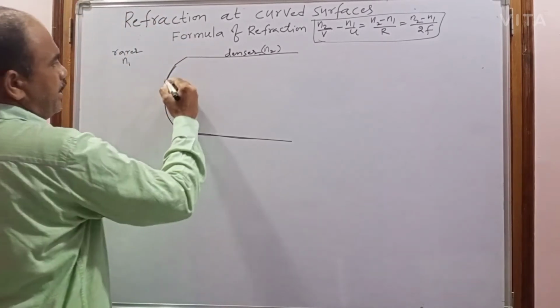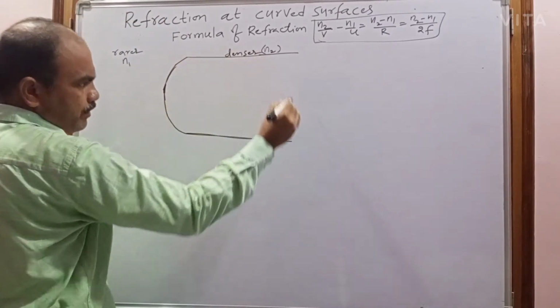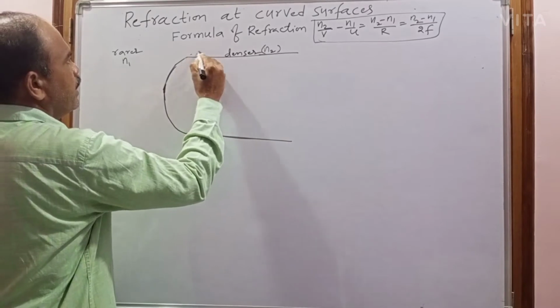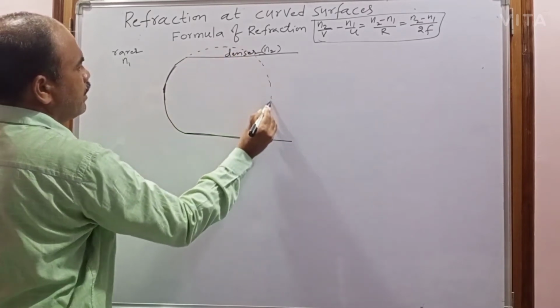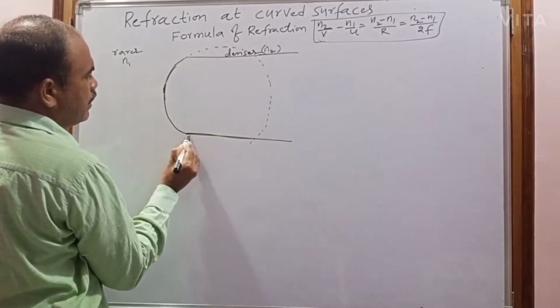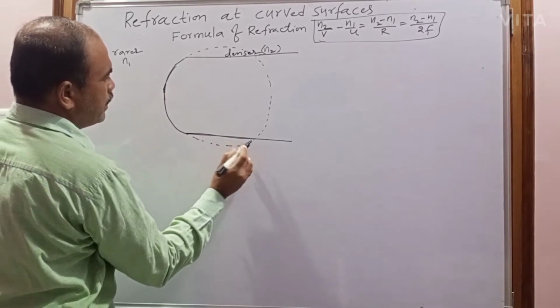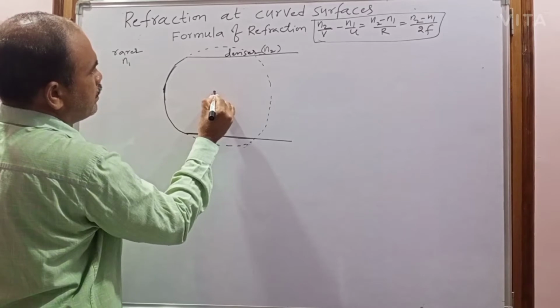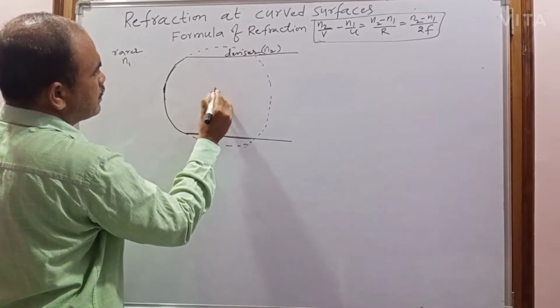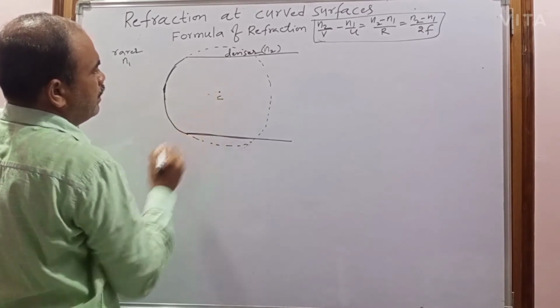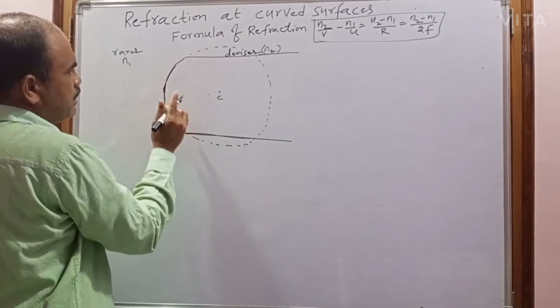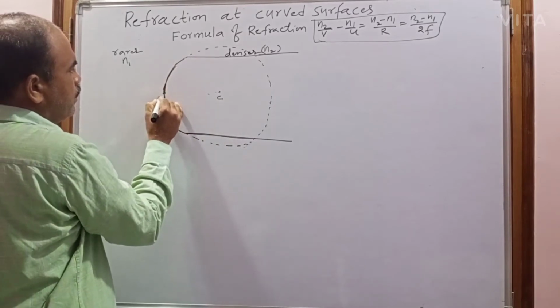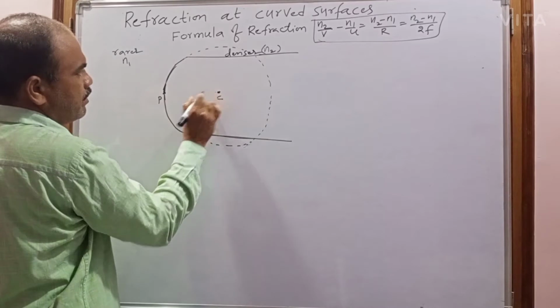Now if we take this curved surface as a part and draw the sphere, the center of the sphere is called the center of curvature. Imagine this is the center of curvature, and the midpoint of this curved surface is called the pole. This is the pole and this is the center of curvature.